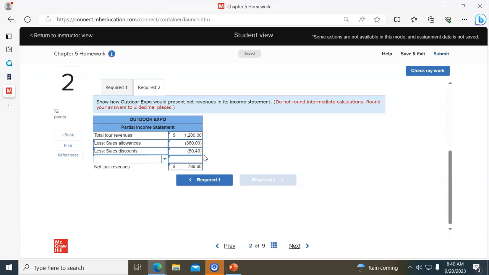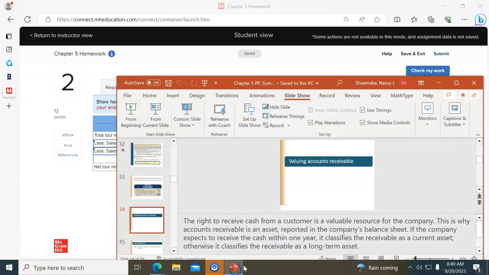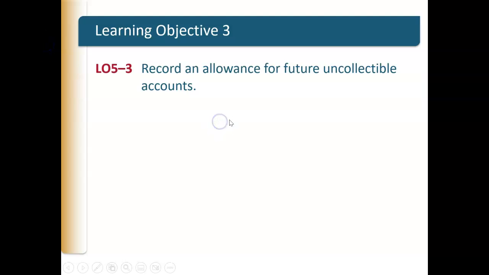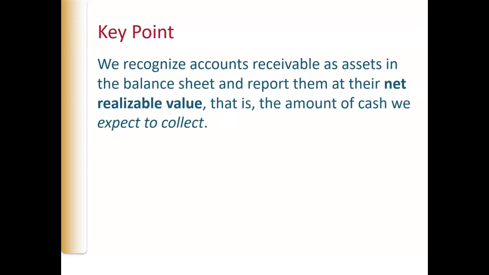Okay. This next one, oh, well, we're going to move back to our PowerPoint. So now we're going to talk about valuing accounts receivable. This is where this chapter can be tricky, but trust me in this, okay? Hang in there with me. Not all of what we anticipate to receive are we going to receive.